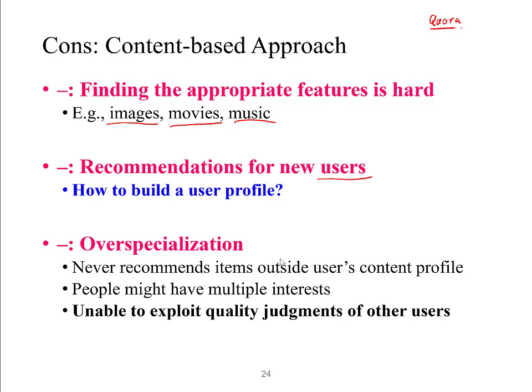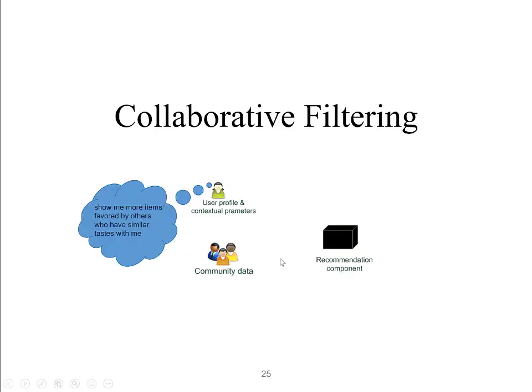Also, it is unable to exploit quality judgments of other users, because it only focuses on the user profile for that specific user. It does not make use of the information or the judgments from other users. So this motivates the idea of collaborative filtering.